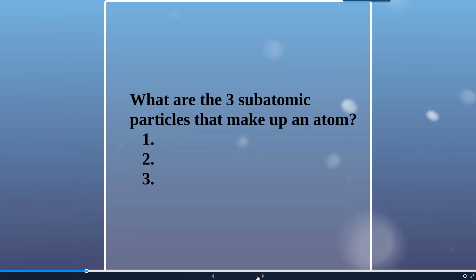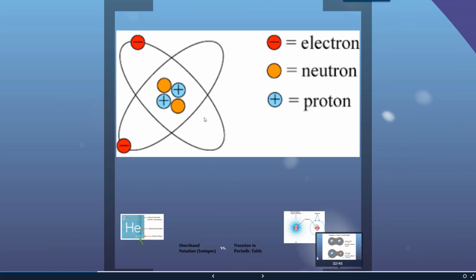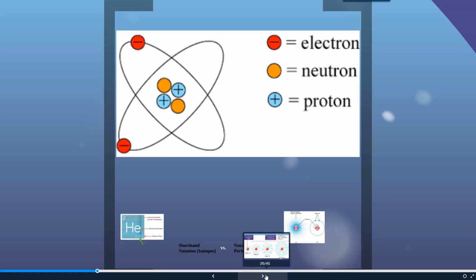So first off, what are the 3 subatomic particles that make up an atom? If you guessed proton, neutron, and electron, then you were correct. In this figure, we can see that neutrons and protons exist within the nucleus of an atom, and electrons circulate around that atom.